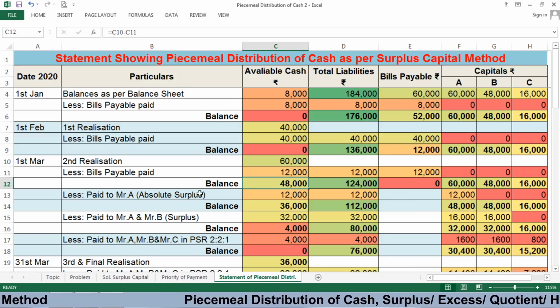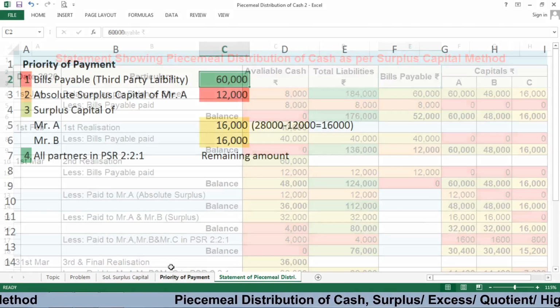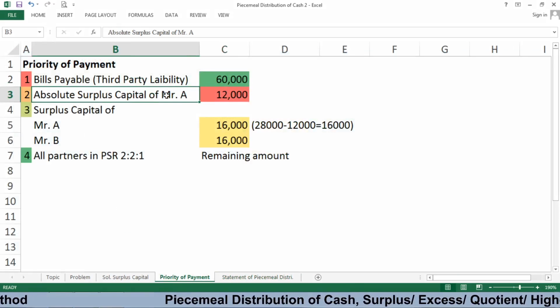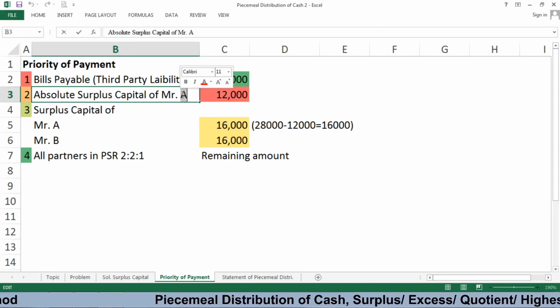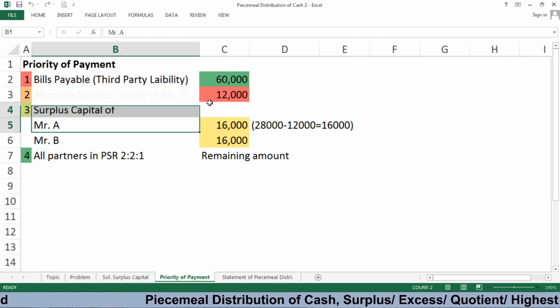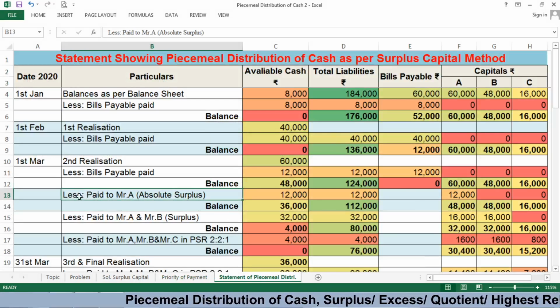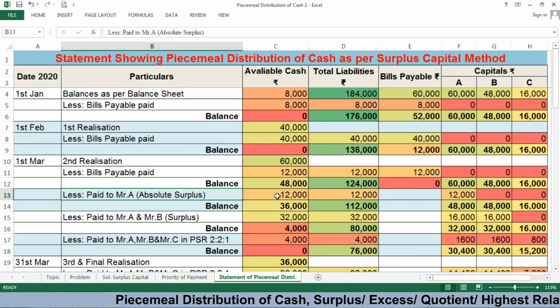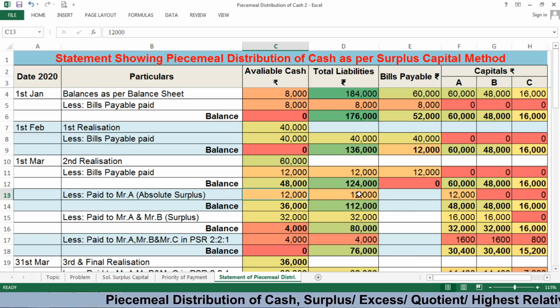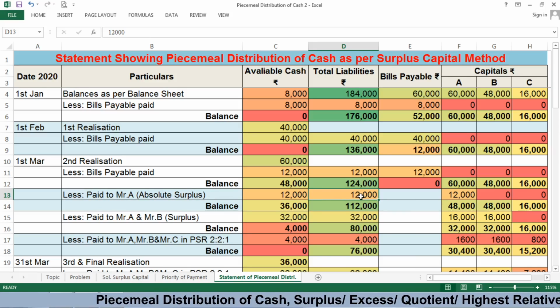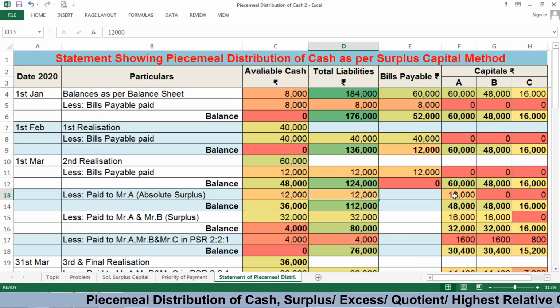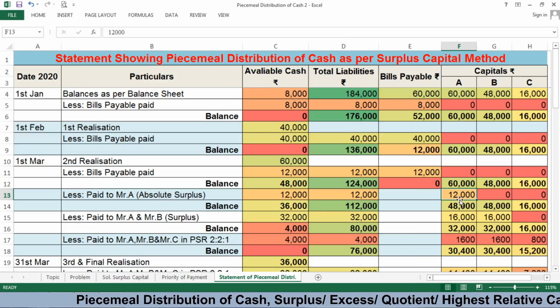So after the payment of bills payable, we have another liability, that is the absolute surplus of Mr. A. So Mr. A's absolute surplus is 12,000. So let's pay Mr. A his absolute surplus, that is 12,000. Then total liability will be reduced by 12,000, and Mr. A's capital will be reduced by 12,000.